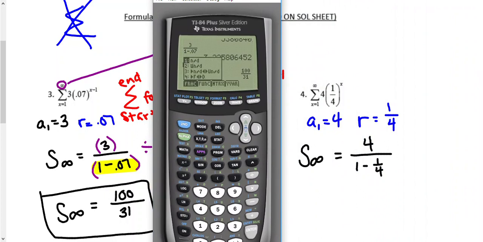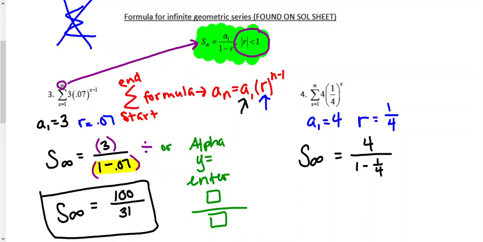Alpha, y equals, enter. 4 is on the top, and then we go 1 minus, parentheses, 1 over 4, enter. Another decimal, so we go math, enter, enter, and we get 16 over 3. So my sum of the infinite series is 16 over 3.